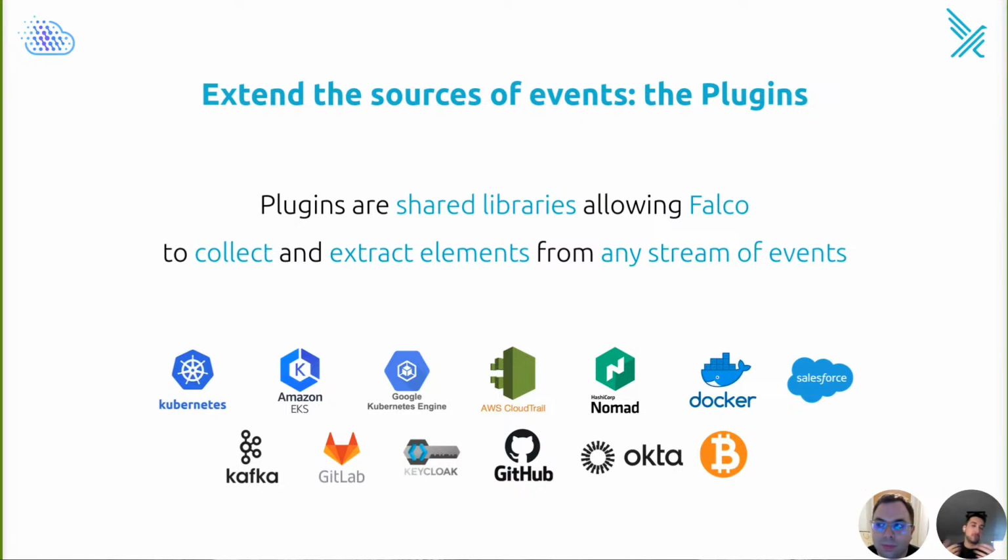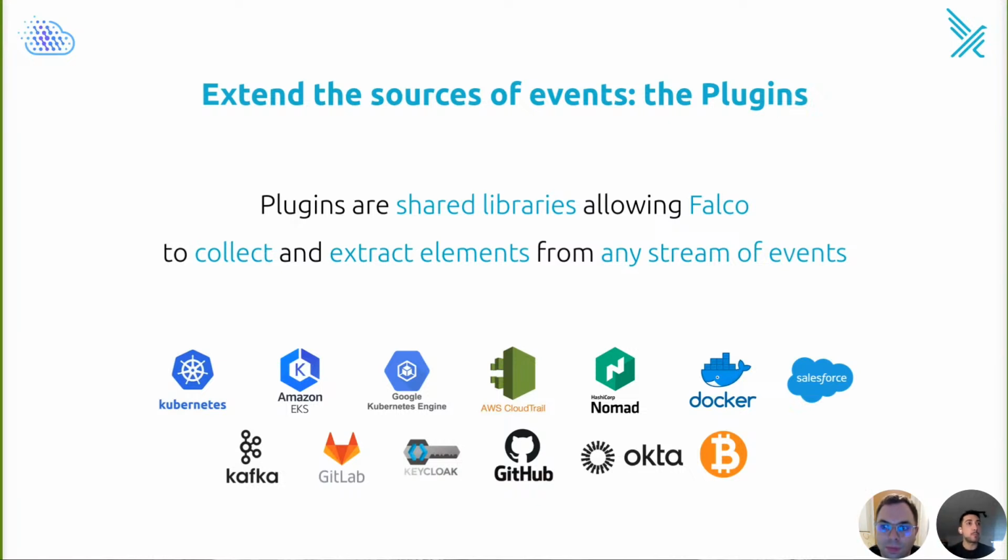We developed SDKs in C++, Golang, and Rust now to collect and ingest any stream of events you may have. For example, we collect from the control plane of Kubernetes, the Kubernetes audit logs.